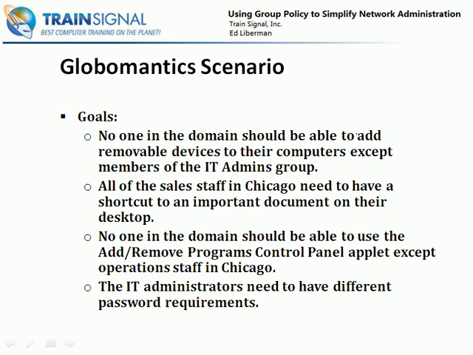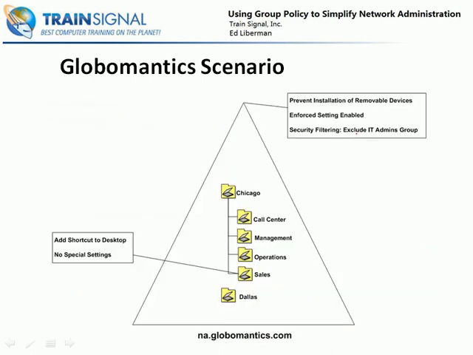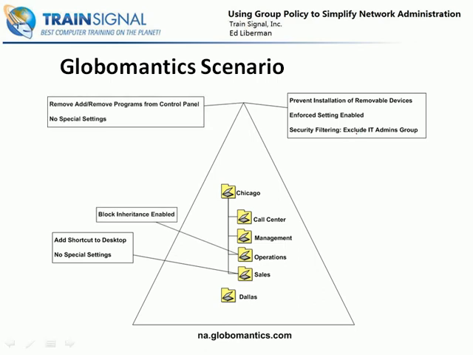The third goal was to make it that no one in the domain can use the Add and Remove Programs control panel except the operations staff in Chicago. Well, the way we're going to solve this is by doing a couple things.